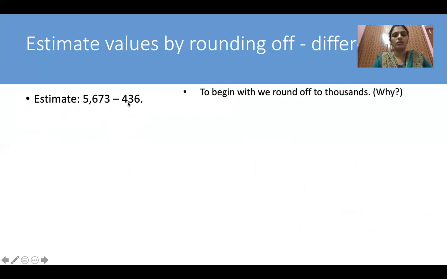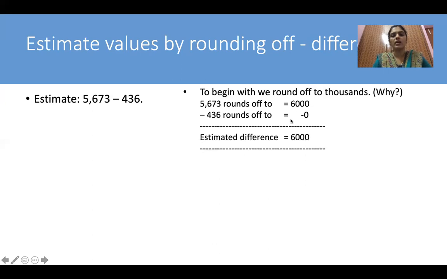Let's round it off to the nearest thousand. 5,673 rounds off to 6,000, and 436 is nearer to 0, so its rounded off value to the nearest 1,000 is 0. If we subtract, we get 6,000. This is not a reasonable estimate. Why is it not reasonable?